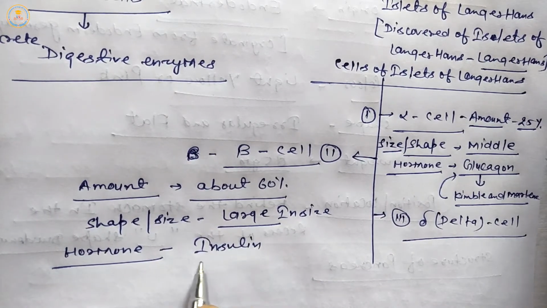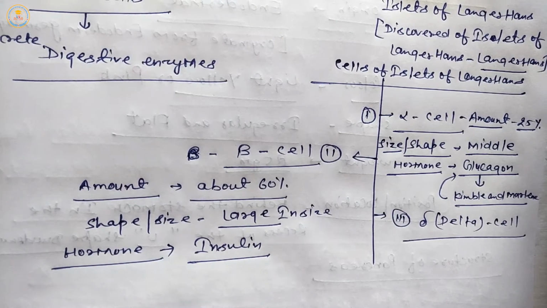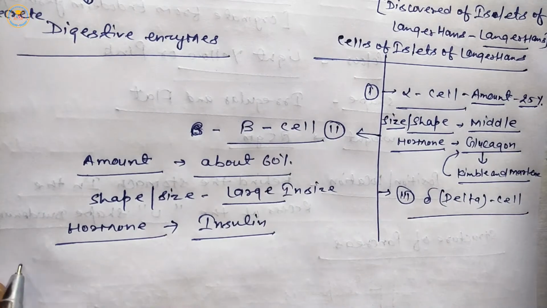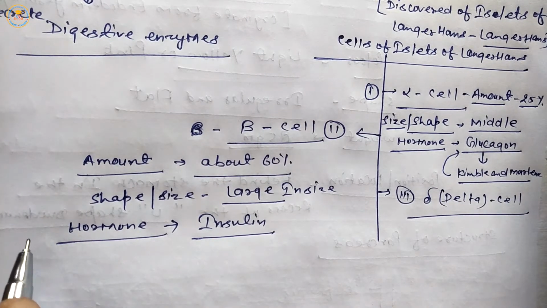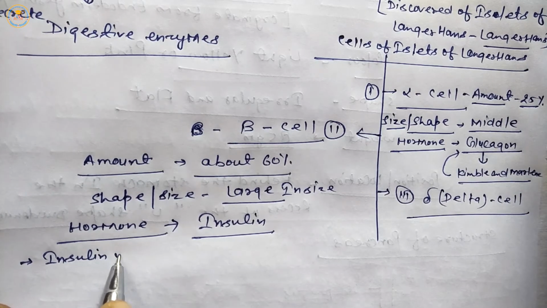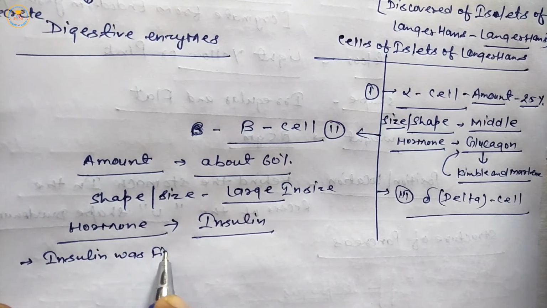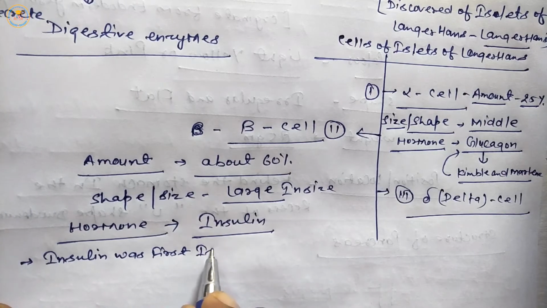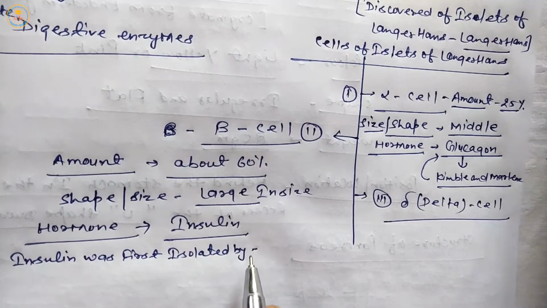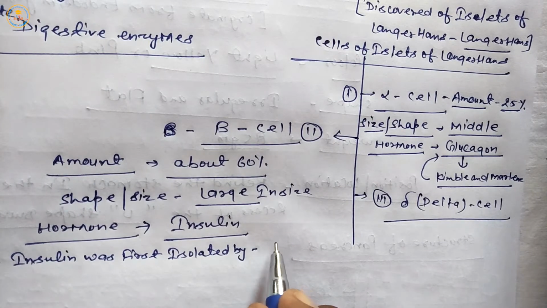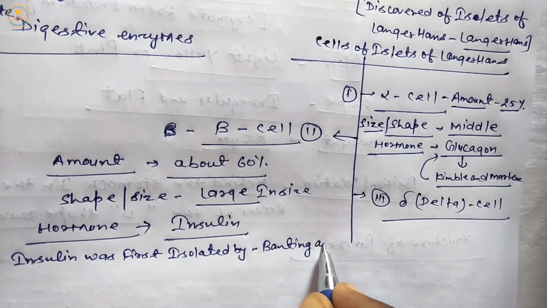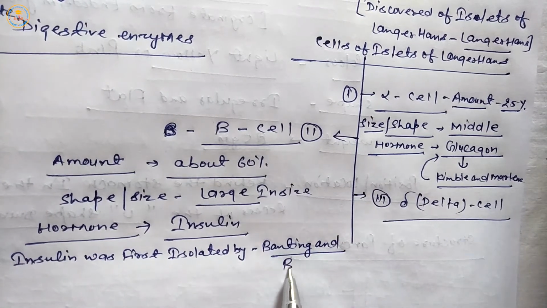It is the main hormone of pancreas. Insulin was first isolated by Banting and Best.